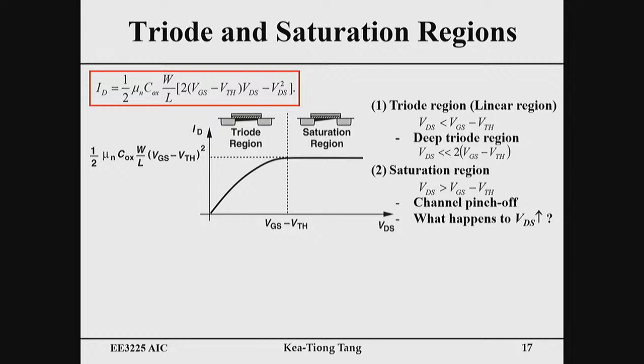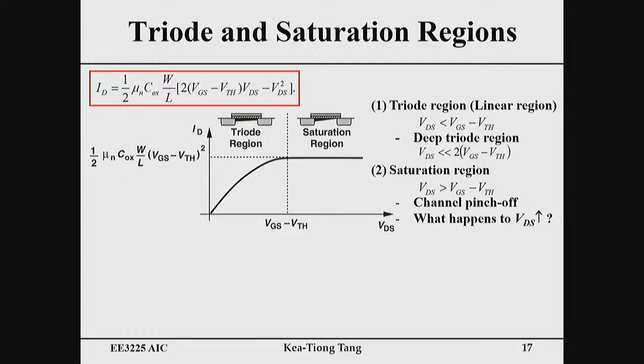And in the saturation region, you see the transistor behaves like a constant current source, right? Because if you vary the drain voltage, the current will stay the same. So the transistor is behaving like a constant current source in the saturation region. And this is very, very important.